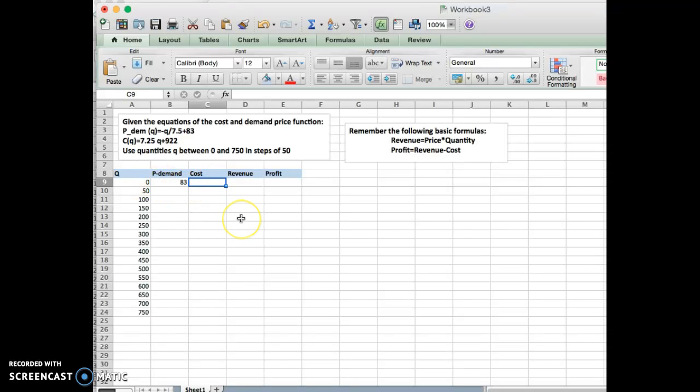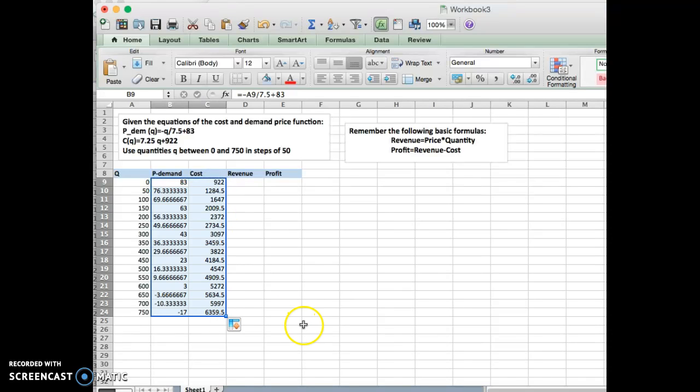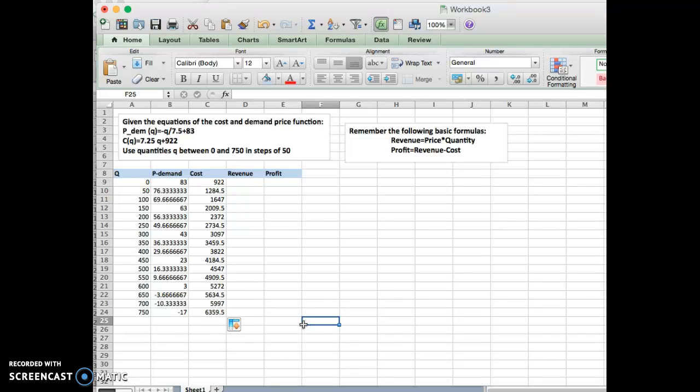And the cost was given by 7.25 times the quantity plus 922. So we can quickly load these, and we see different values here for the price and the cost function.